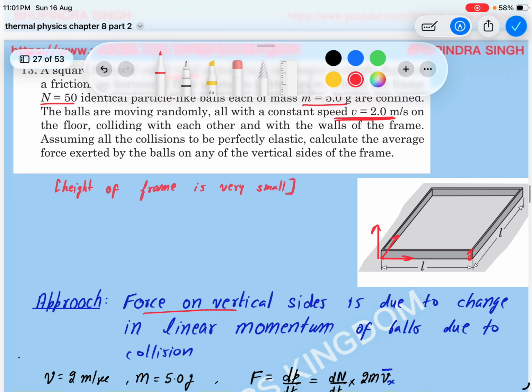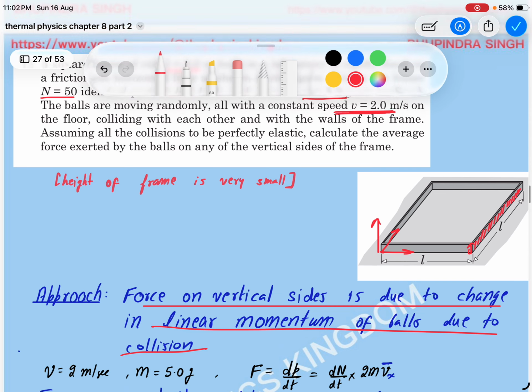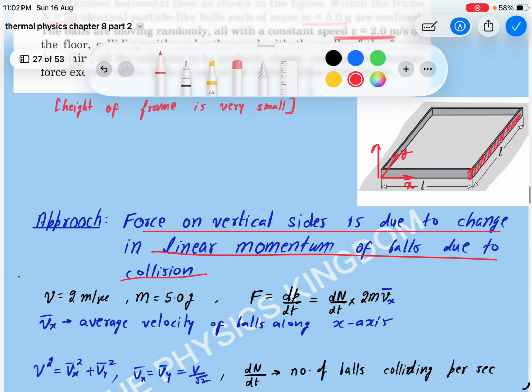So the force on the vertical side is due to the change in linear momentum of balls due to collision, just like in our theory of KTG, how we obtain pressure on any wall of a container. The only difference here is that the height is very small. So it means a particle can freely move along two directions only, along the x-axis and y-axis. Now the force formula, rate of change of linear momentum, right?